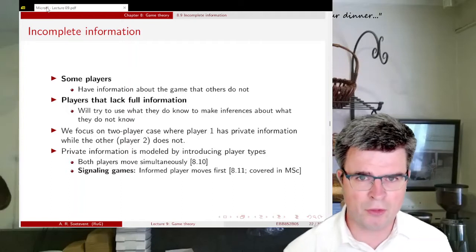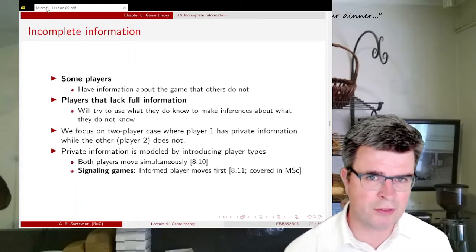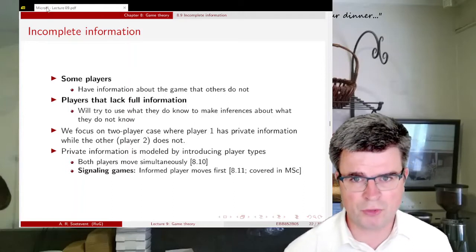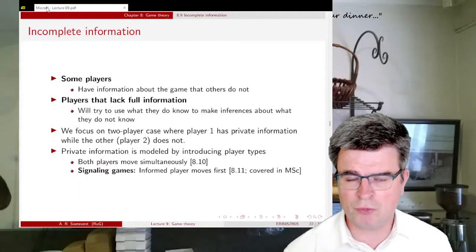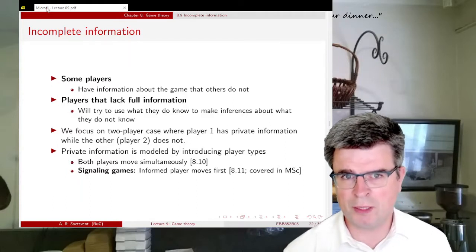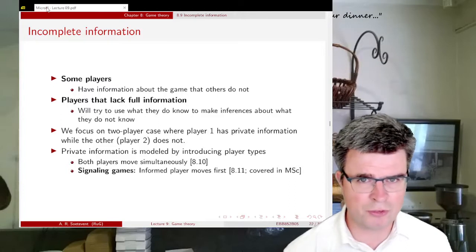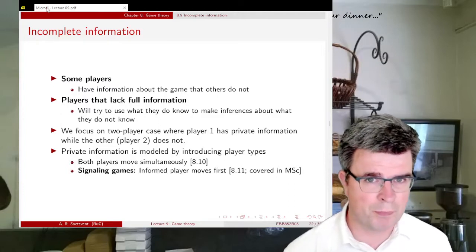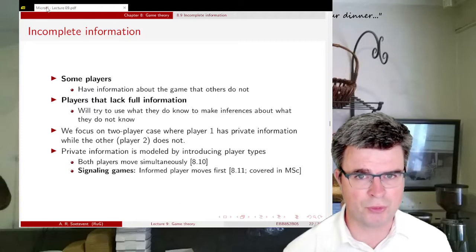There are 2 flavors. Section 8.10, the part that we are going to discuss in this course, is when both players move simultaneously, but one of them has private information. Section 8.11 of the book deals with so-called signaling games, where the player who has more information moves first.